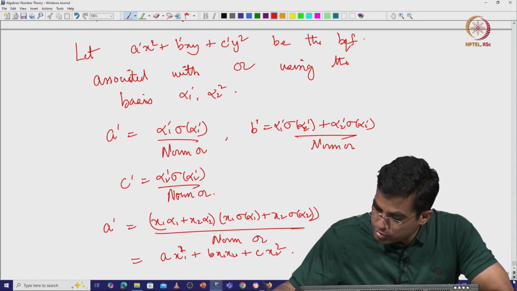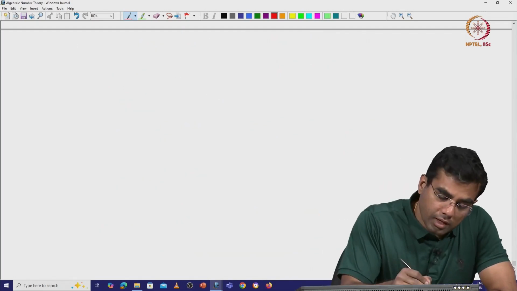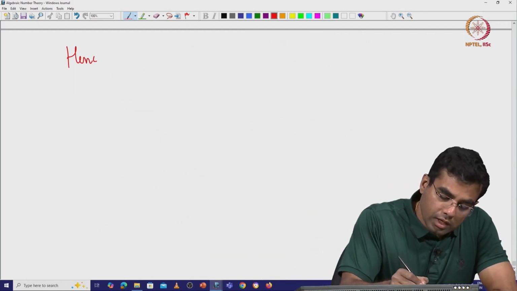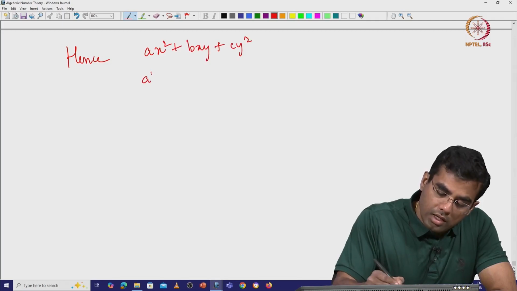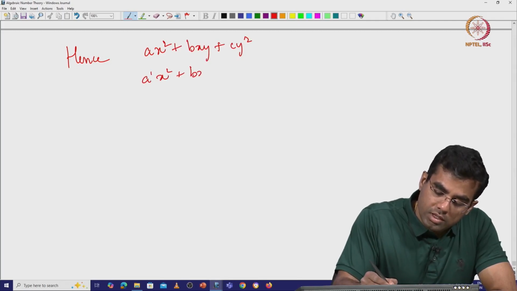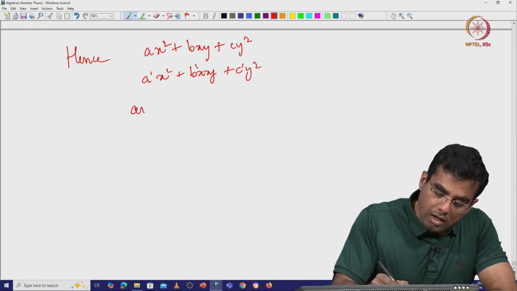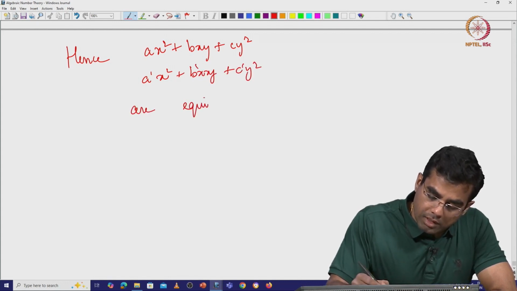Right. So what you have proven in effect is that a x square plus b x y plus c y square and a prime x square plus b prime x y plus c prime y square are equivalent binary quadratic forms.